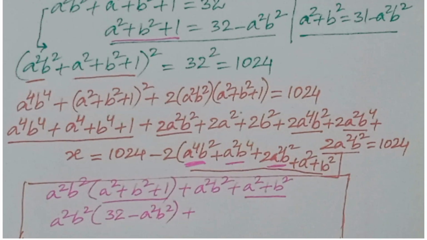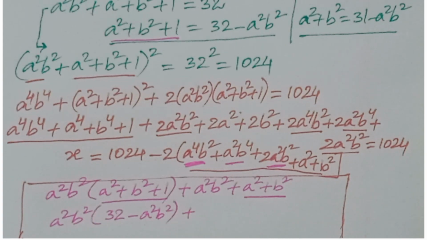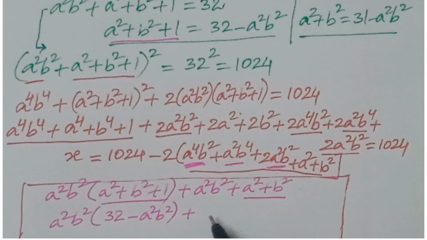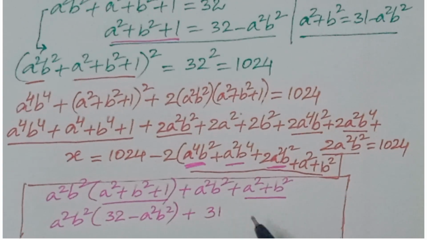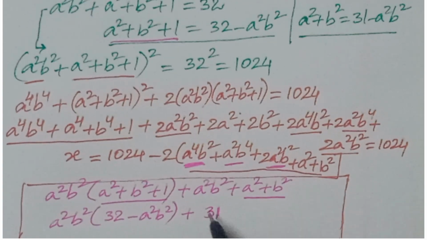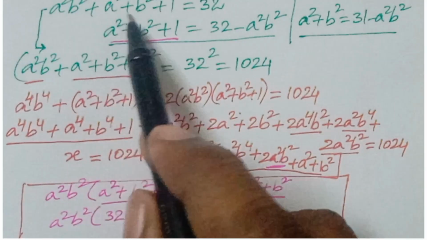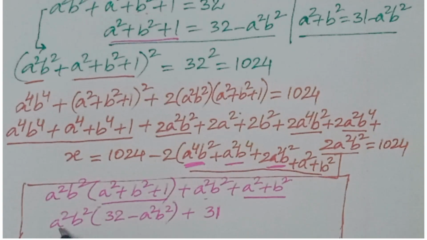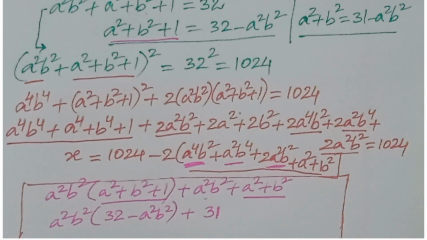You will get 31 minus a square b square value, plus a square b square, is 31. So this is the value you are getting in the box.